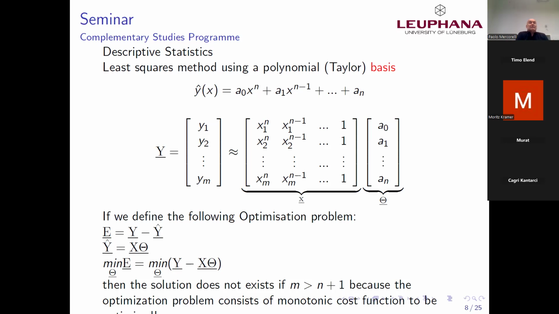The name is because x is the exploring variable, which multiplies a0, a1, an, which is the vector of our parameters.